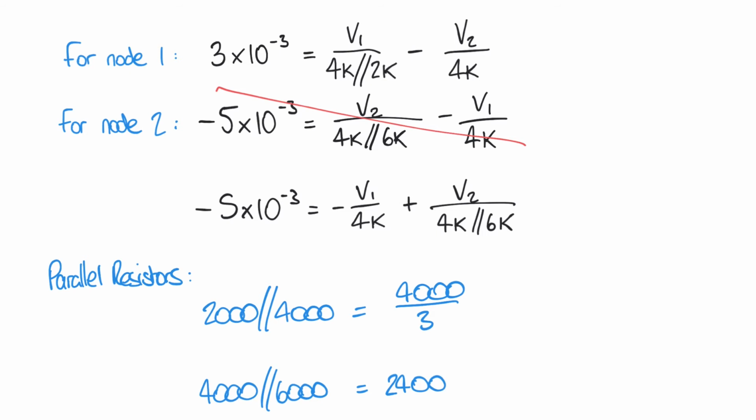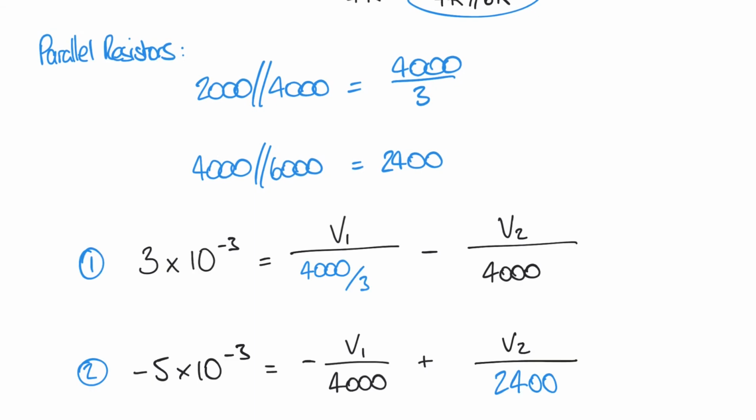And what we'll do is we'll put these parallel resistor values in where we previously had that shorthand notation. So now we have V1 over 4000 over 3 in our first equation, and we also have V2 over 2400 in our second equation here. Everything else has stayed the same there.